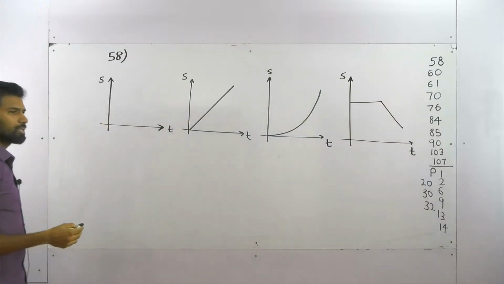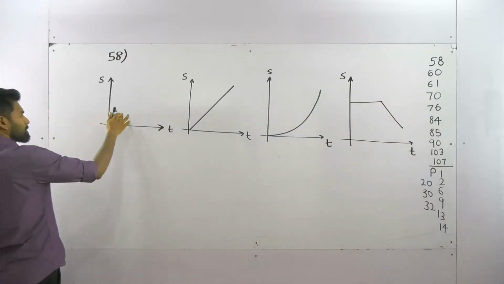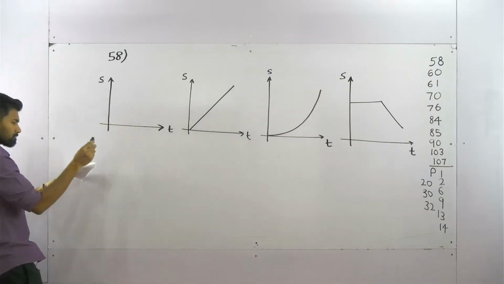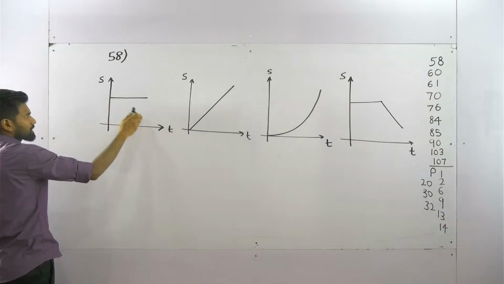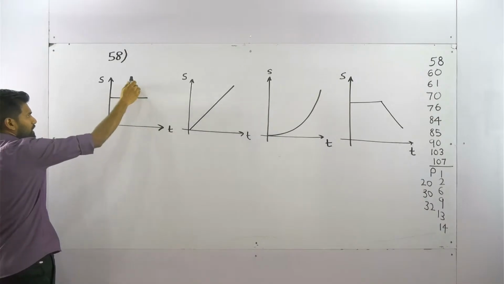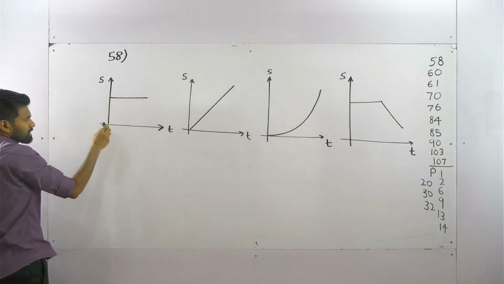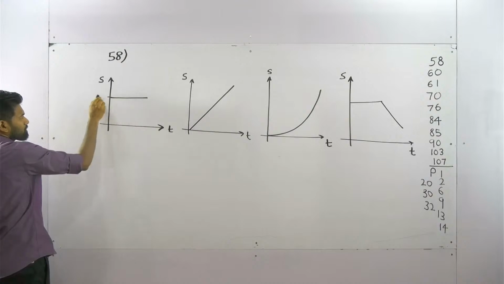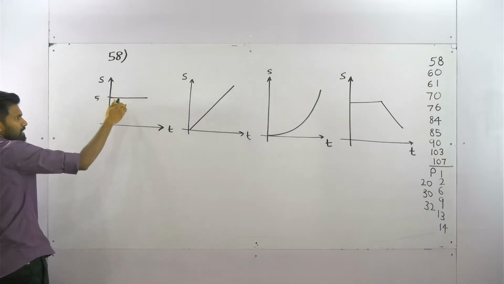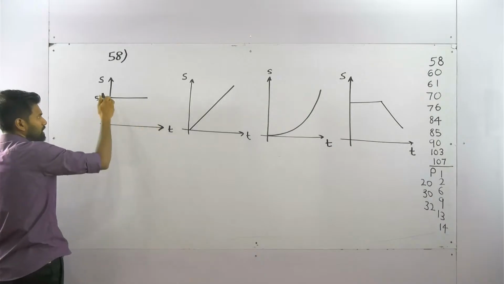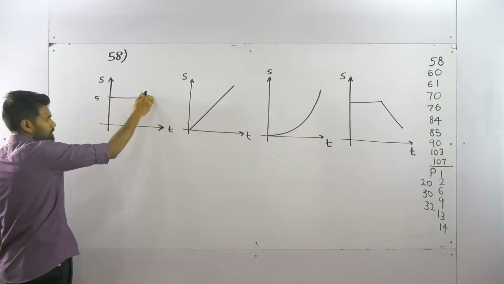Now, in these graphs, the first one: the time is passing, but the displacement does not increase or decrease. Let's say here the displacement value is 5. While the time is passing, the displacement remains the same. So what does it mean?